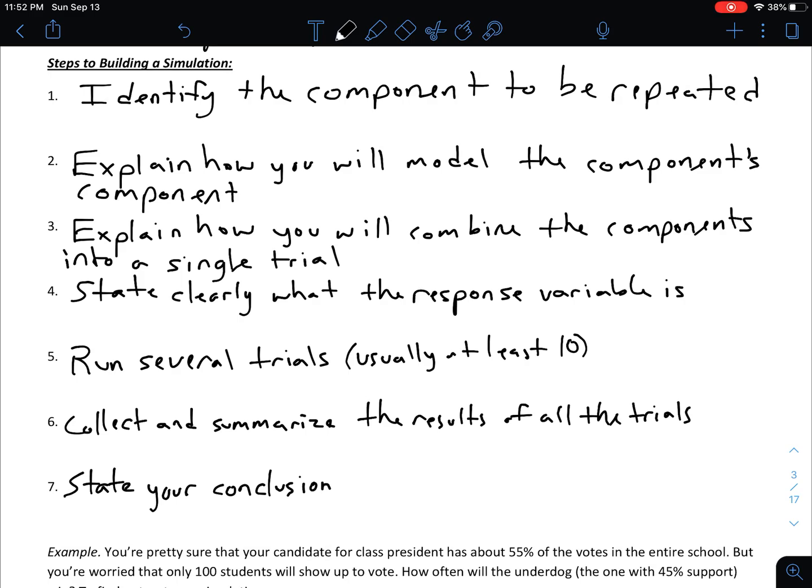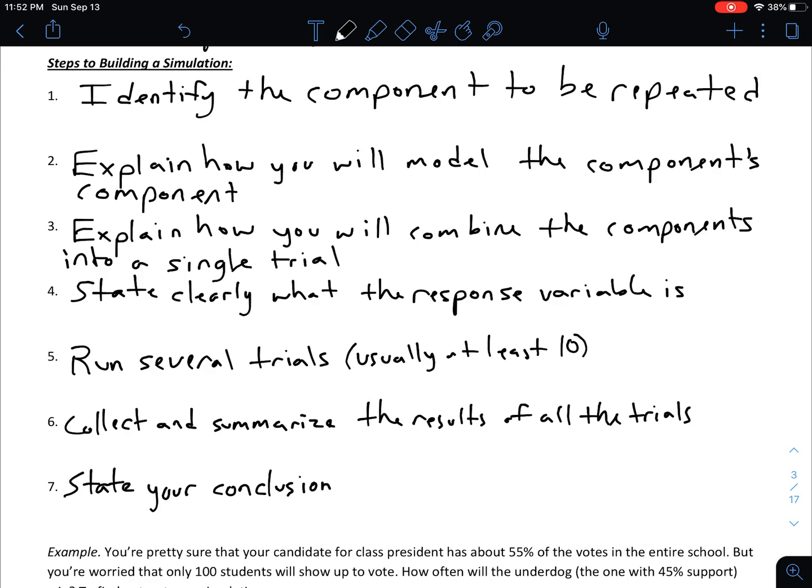That's where we decide how exactly we're going to use the table or our graphing calculator to come up with each individual component. For 3, explain how you combine the components into a single trial. That's where we talked about repeating that 7 times to do the full 7-game series. That would be all of our components in a single trial.